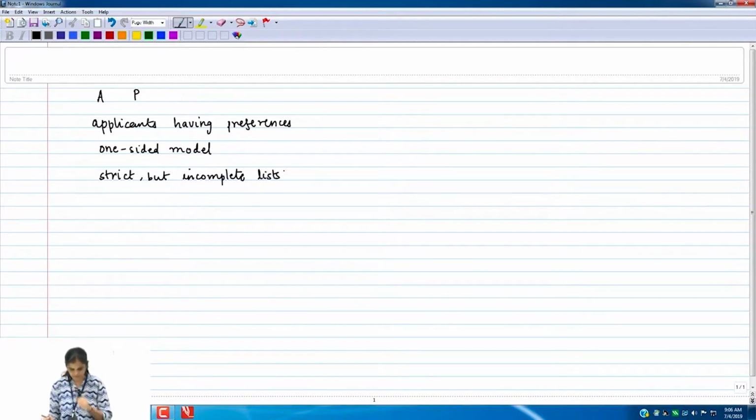And we would like to compute a matching which is popular, and a matching is popular if there is no matching more popular than that.